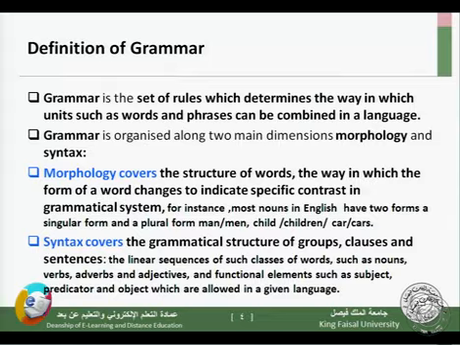So you need to know all these terms. Don't memorize. You need to understand what we mean by grammatical structure of groups, of clauses, of sentence. You need to know what we mean by a sentence. You need to know what we mean by a clause.